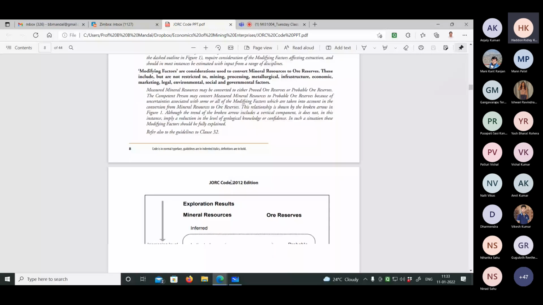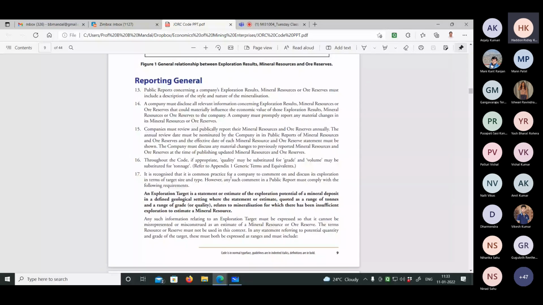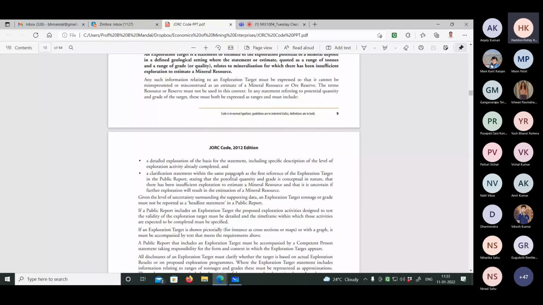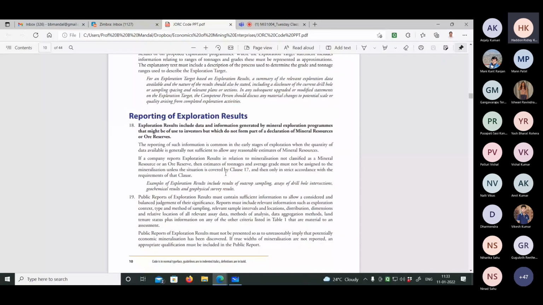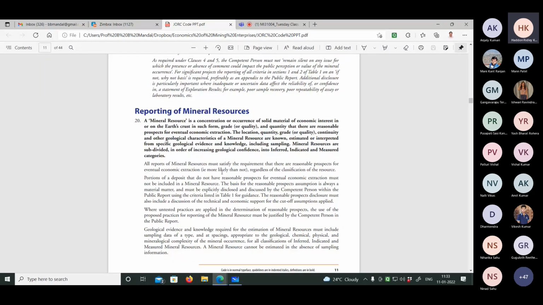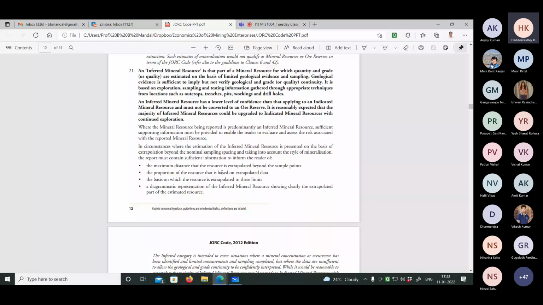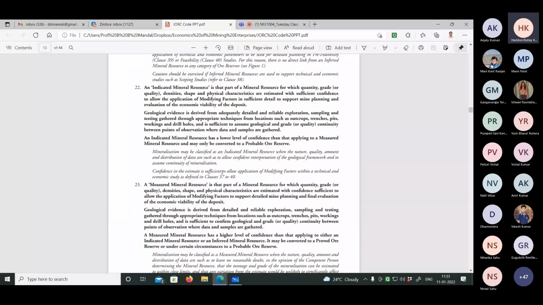So the JORC code gives you an appropriate method of systematic writing, step by step. I will also share this, and ask a few of you to prepare a presentation as part of your assignment.